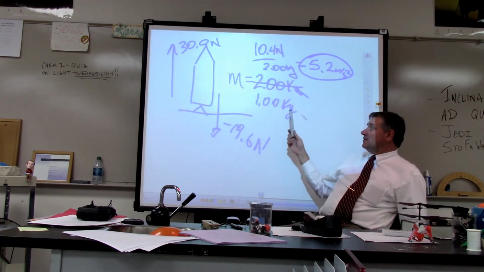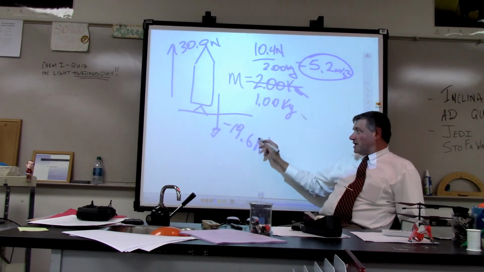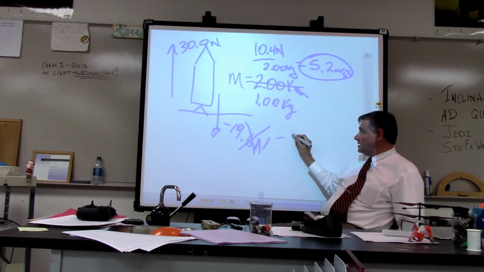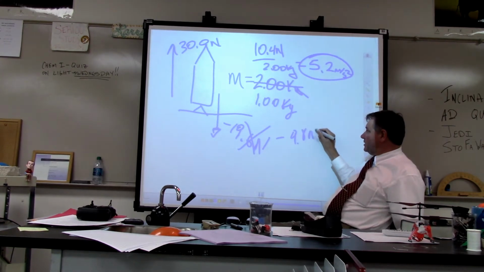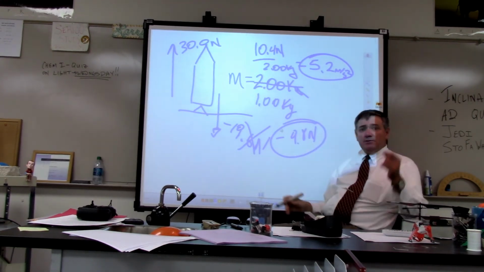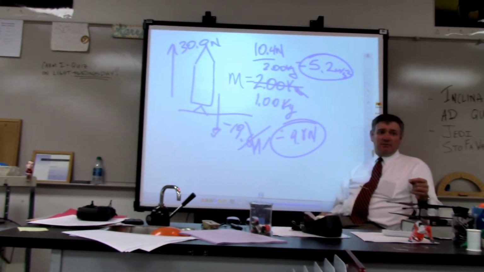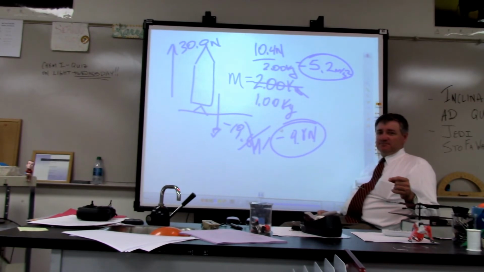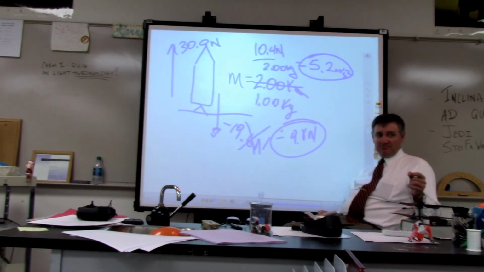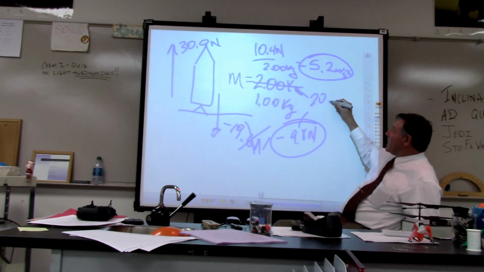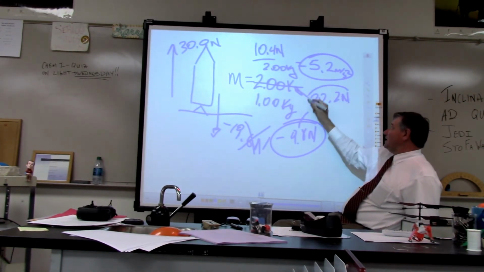So here's the deal. If it's 1 kilogram, now my opposing force is going to be negative 9.8 newtons, which leaves me with a net force of what? 20.2. Okay. So now look what happened to my net force.